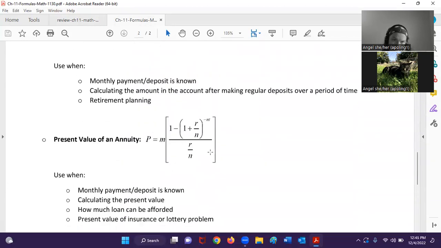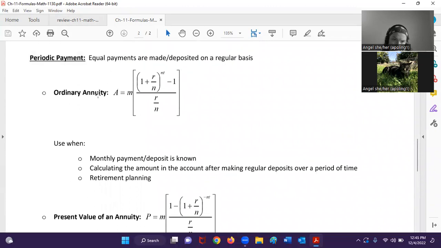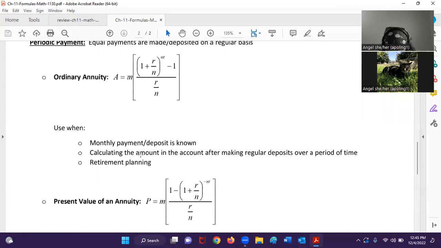We know M. Here's ordinary annuity. They're asking us for not the present value, but the future value. So find the value of the annuity. They'll ask you to find the present value of the annuity if they want you to use this other equation. So we're going to use the ordinary annuity equation.